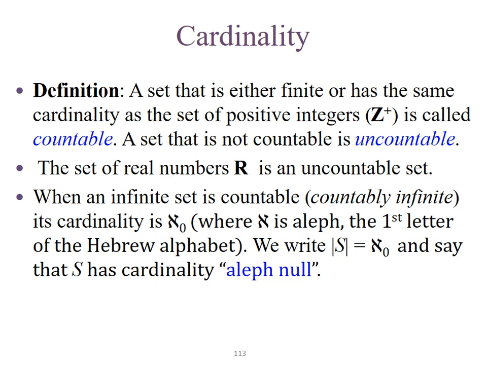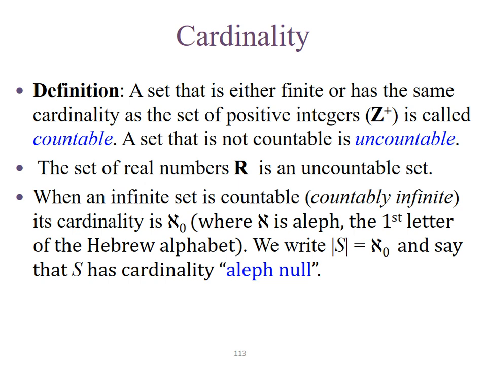So although it's infinite, it's still countable because you can count Z plus from 1, 2, 3, 4, one by one. If you have the previous one, then you can count the next one until infinity. So we define this as a countable set. A set is not countable if it's an uncountable set.